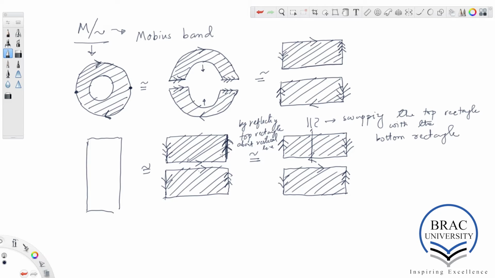This edge is going to be identified with this edge, and this edge is going to be identified with that edge, so that this left edge is going to be identified with the right edge. Okay, and this is the whole Mobius band.